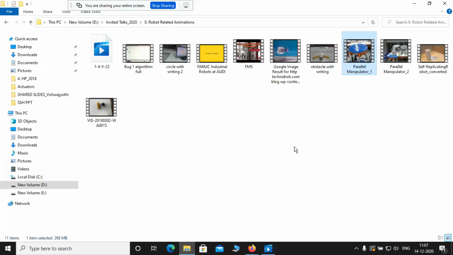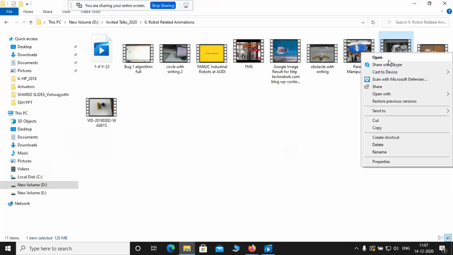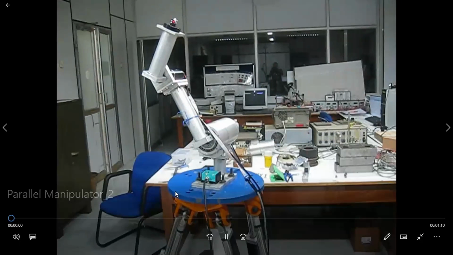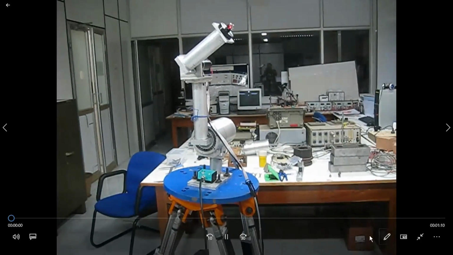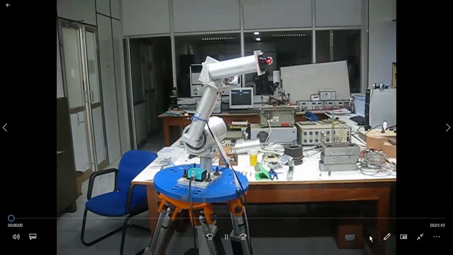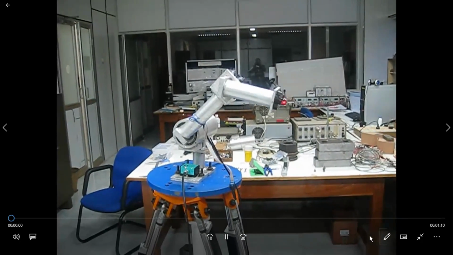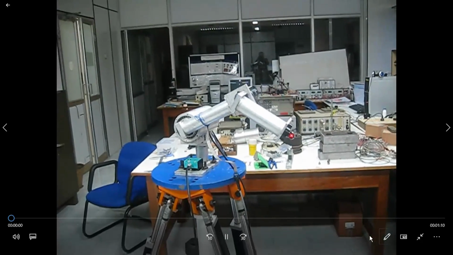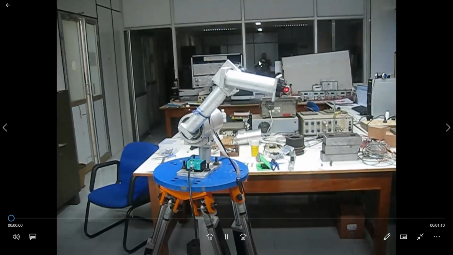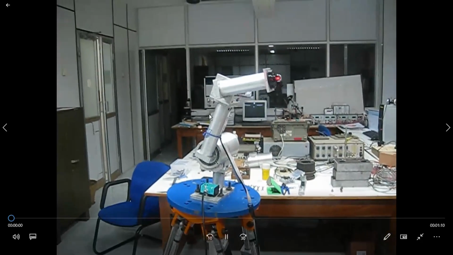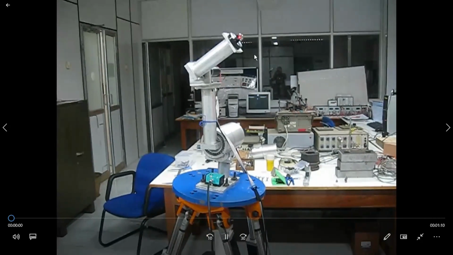So I'll show more very quickly. Then you'll see this is a medical robot created in our laboratory. Yes, sir. Okay, clear, sir. A medical robot. We are calibrating in our laboratory using the Faro laser.